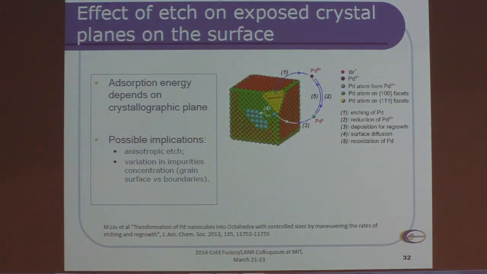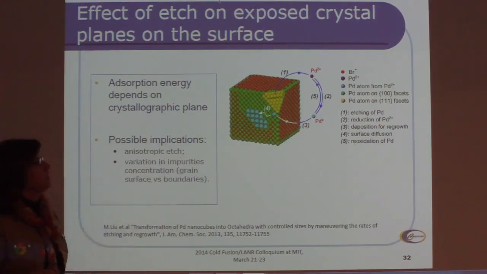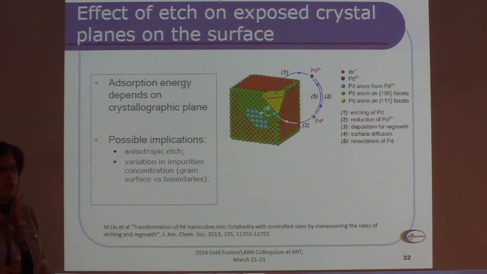In 2013, in the Journal of the American Chemical Society, there was an interesting paper about the control of the etch of palladium nanoparticles. So what people looked at was palladium nanoparticle cubes, which looks familiar, and they were etched in a bromide solution.